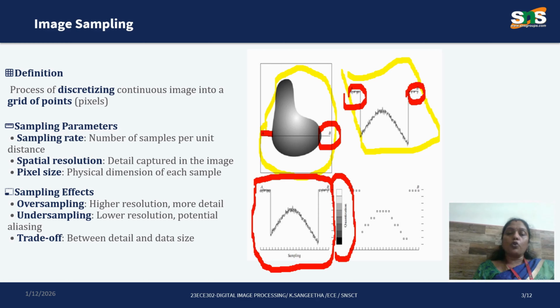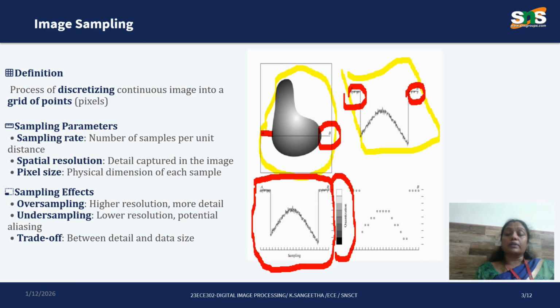Here we should know the sampling rate, that is the number of samples per unit distance. Spatial resolution means the detail captured in the image. Pixel size: a pixel is the smallest particle in the image. Highest resolution means we can get a very clear image.